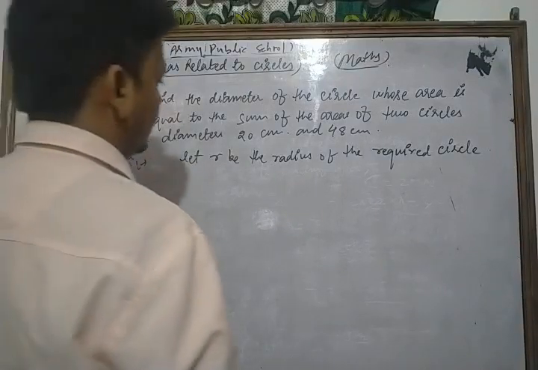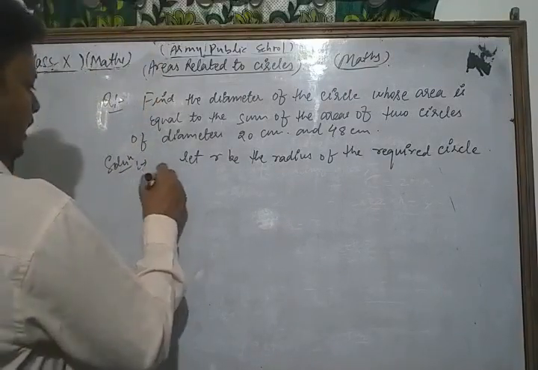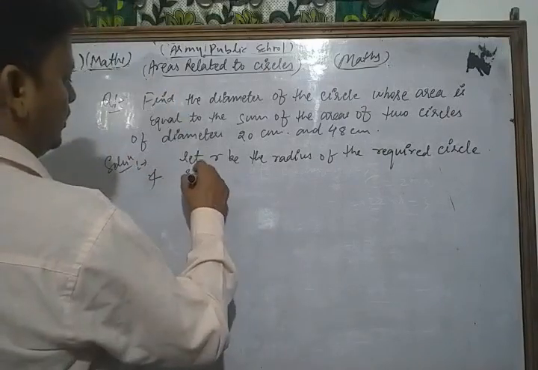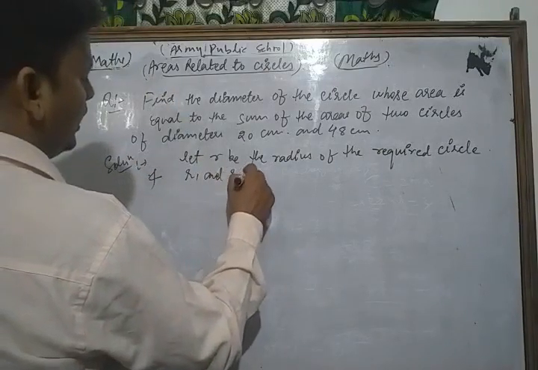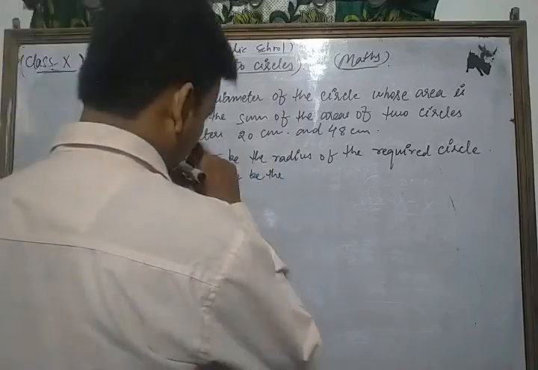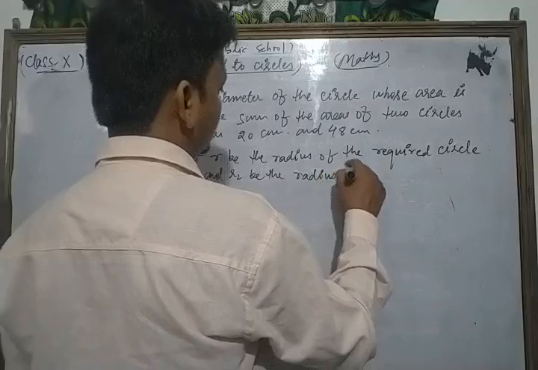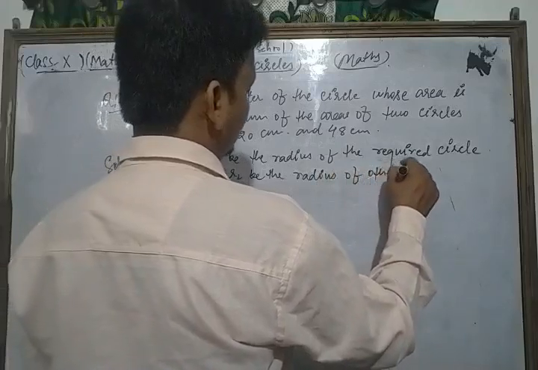Okay, now r1 and r2 be the radius of the other two circles.